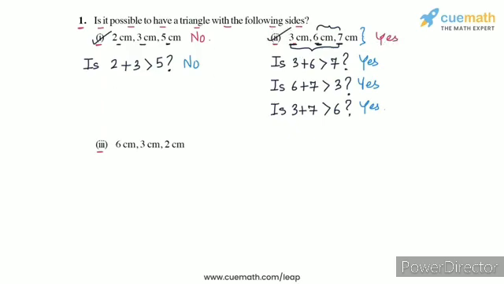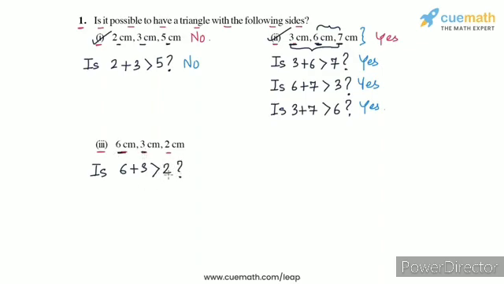So that's part 2, and now we come to part 3, in which the 3 sides are 6 centimeter, 3 centimeter and 2 centimeter. So once again we will check the sum of each pair and see if it is greater than the third side or not. So first we check, is 6 plus 3 greater than 2? The sum of the first two, is it greater than the third one?